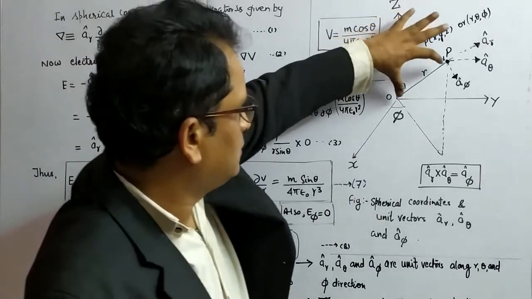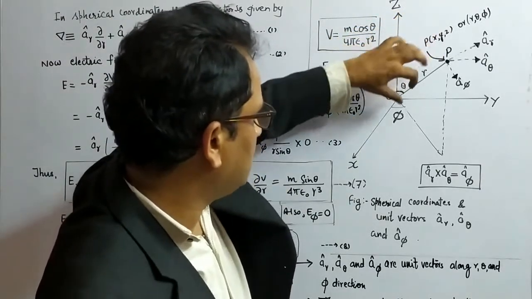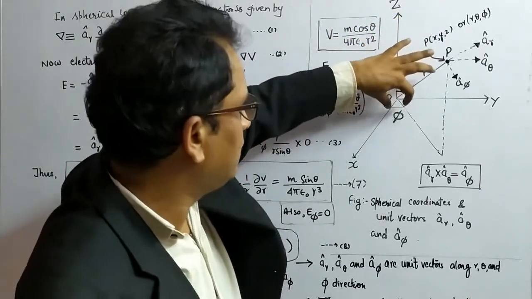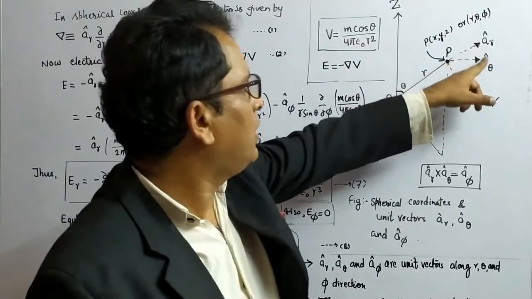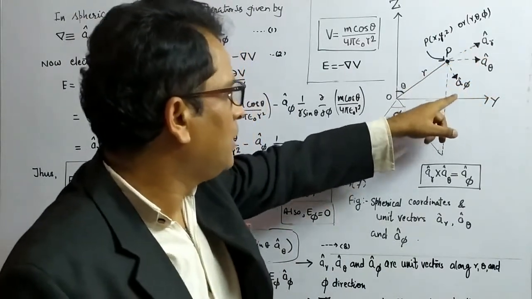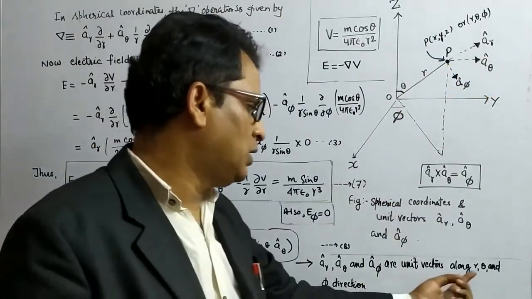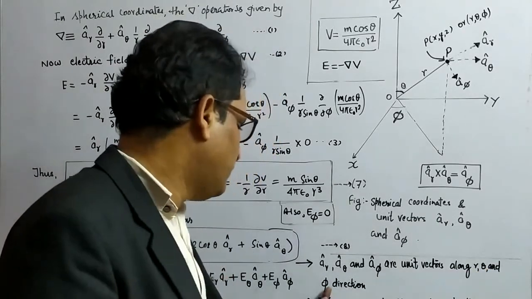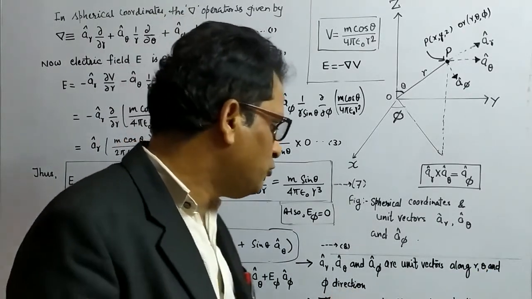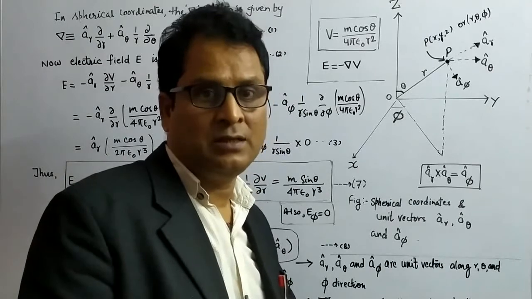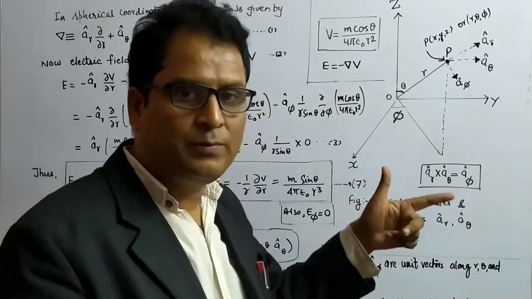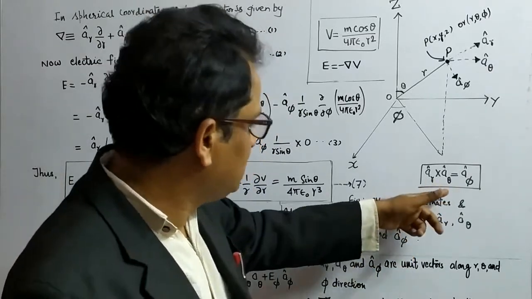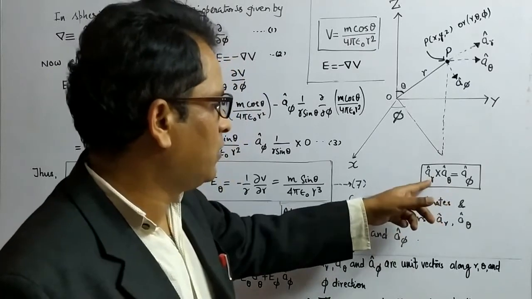So this is the r, theta, and this azimuthal angle phi. Also ar, a theta and a phi are the unit vectors along r, theta and phi direction. All three vectors are mutually perpendicular to each other.